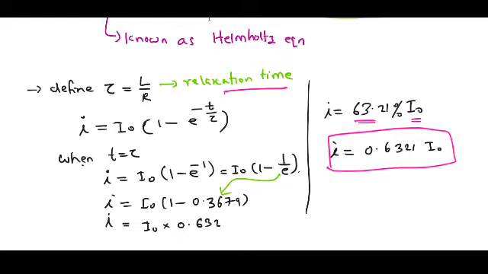Then the relaxation time of the circuit is defined as the time required for the current to reach 63.21% of the steady value.